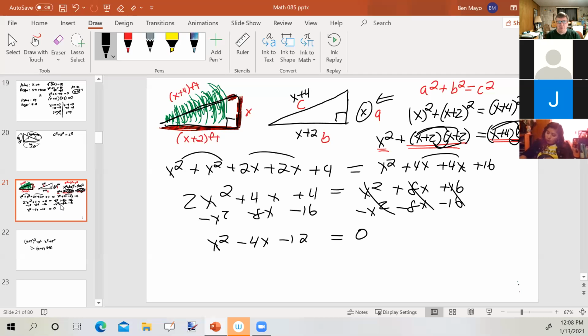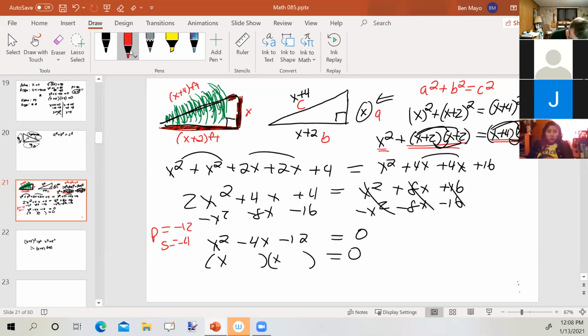On the left side of the equation, I've got a trinomial, and there's no greatest common factor. It's not a perfect square. It has a leading coefficient of a 1. So I'm going to factor it with an x and an x. Let's see, I need a product that's -12 and a sum that's -4. How about -6 and 2? I think that will do it.